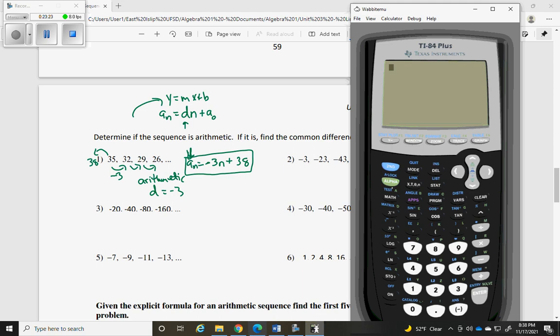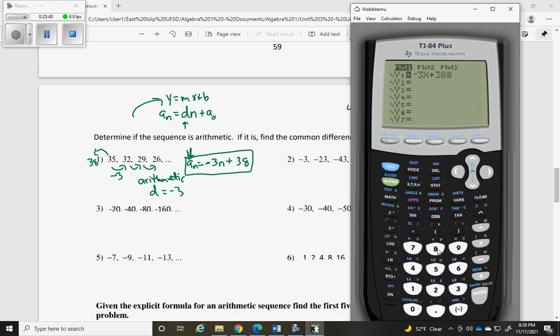So in our y equals button, let's enter this equation that I just wrote. Negative 3n, remember to use the negative button, not the minus button. And on our calculator, we have to use an x instead of an n, and then add on 38.